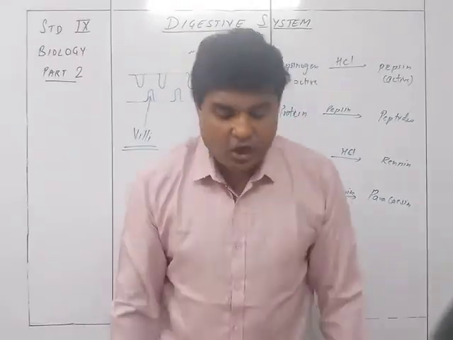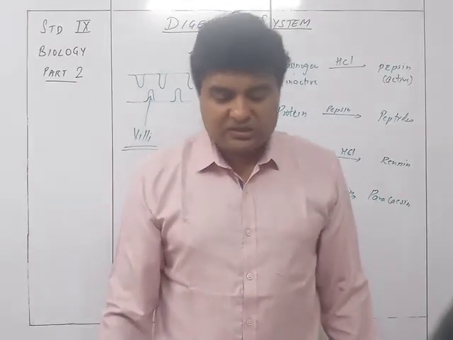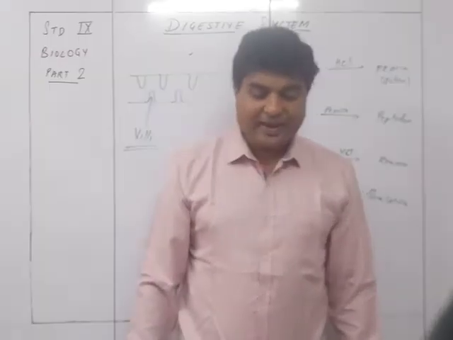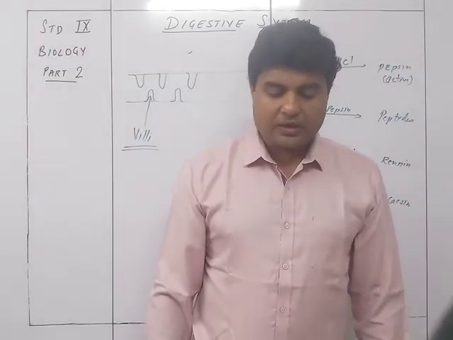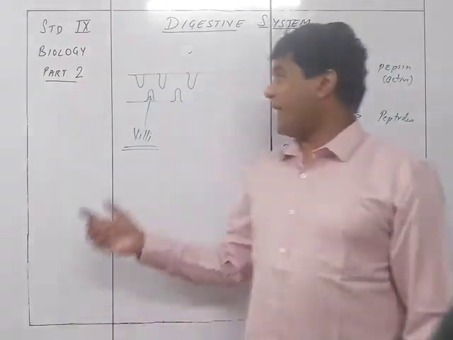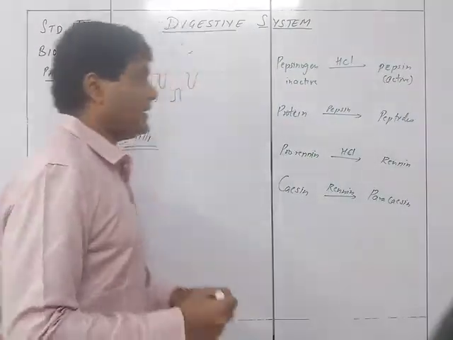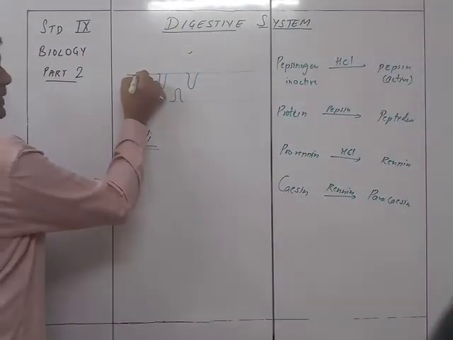The villi enormously increase the inner surface area of the intestine, nearly 8 times that of an outer body surface. Otherwise, the surface area available was only this much.